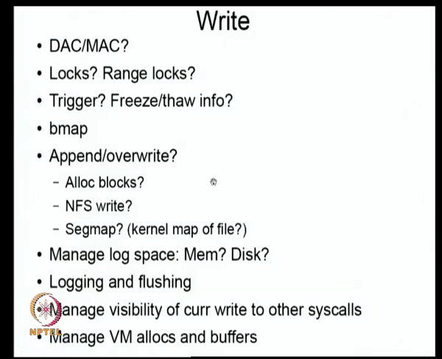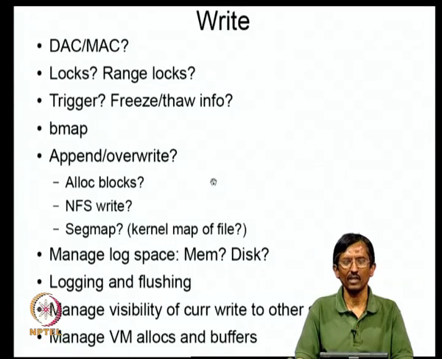Again I will give you a slightly high level idea about a write. This is again an extremely simplified version, and we will just go through what the steps are. Typically write tends to be some of the most complex operations in a file system.